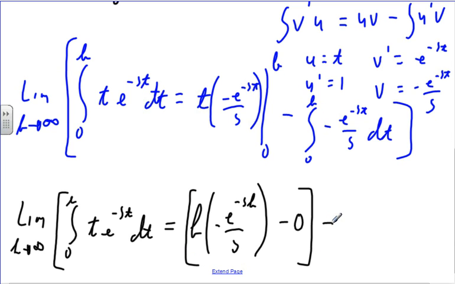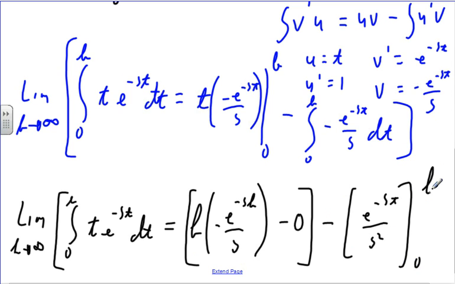And then I've got minus that integral, which looks like e to the minus st over s squared, evaluated at 0 and b. And I need another bracket over here.